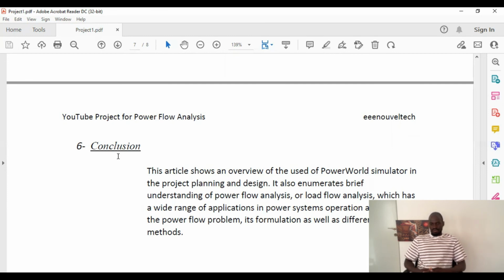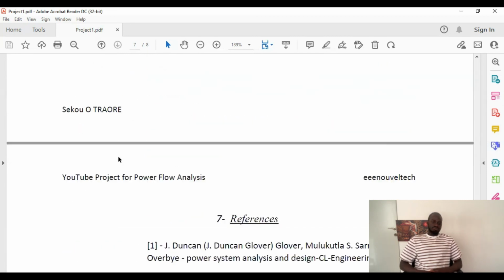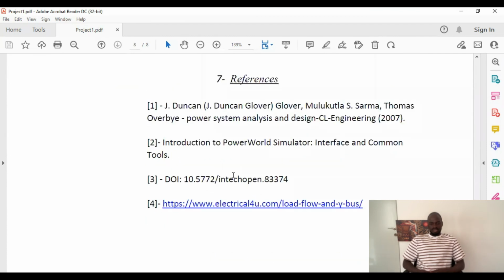It also gives a brief understanding of power flow analysis, or load flow analysis, which has a wide range of applications in power system operation and planning, the power flow problem, its formulation, as well as different solution methods. And that's all. These are the references that I studied and I'd like to share with you, and maybe you can check them out for more.